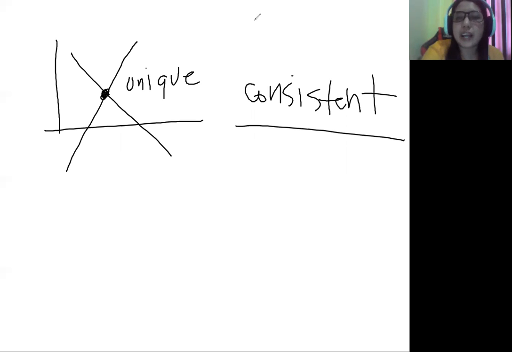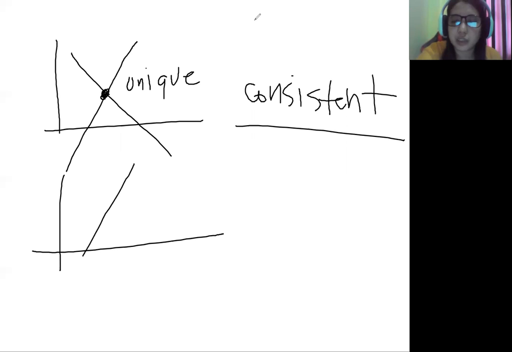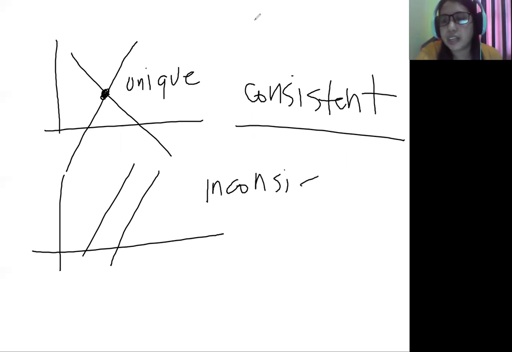Now, if we cannot find a solution, it can be because the two lines are parallel and will never meet. So there is no solution, and it is called inconsistent. So you cannot find the solutions.